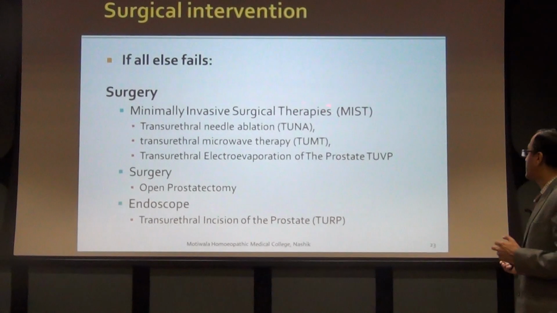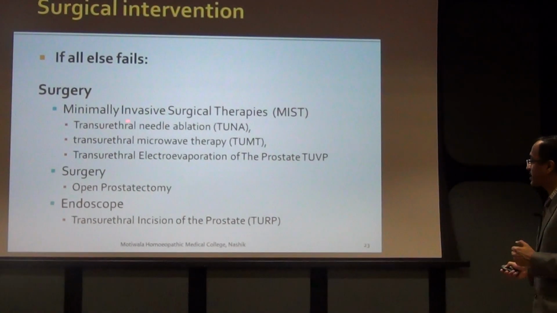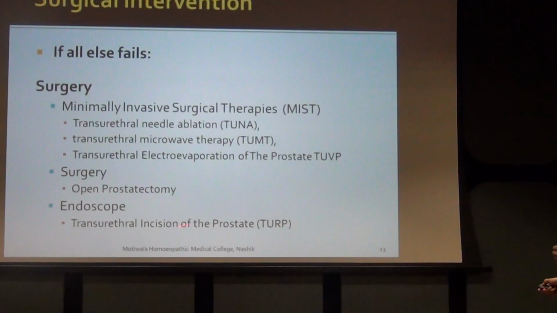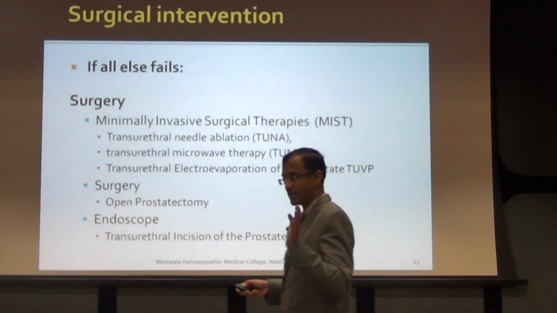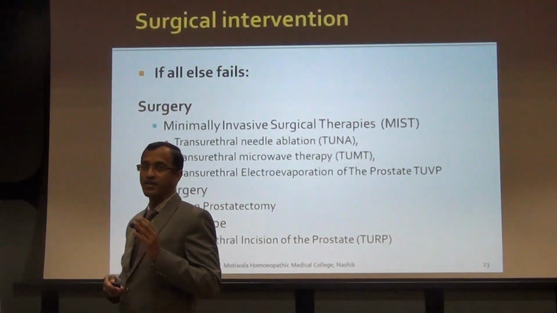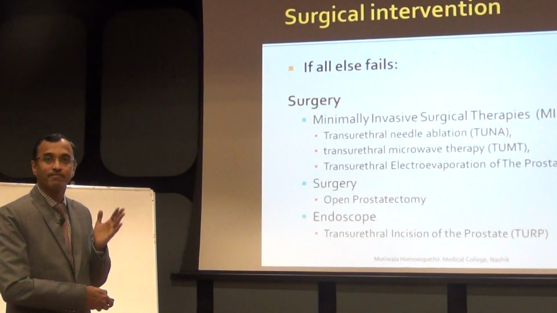Now these surgical interventions will be minimally invasive surgery, which has been coming up nowadays, open prostatectomy, or even an endoscopic procedure like TUR, transurethral resection of the prostate. So all these modern surgical technologies are available as a management part.